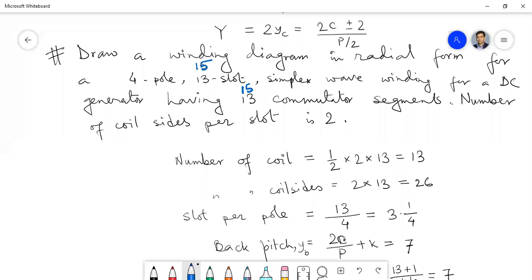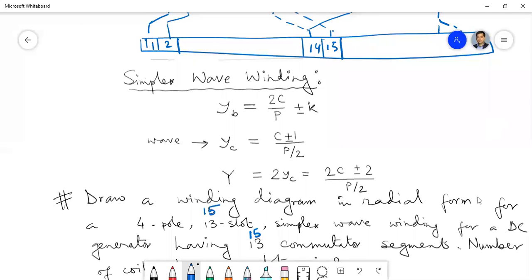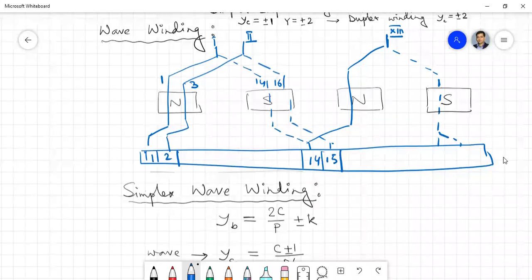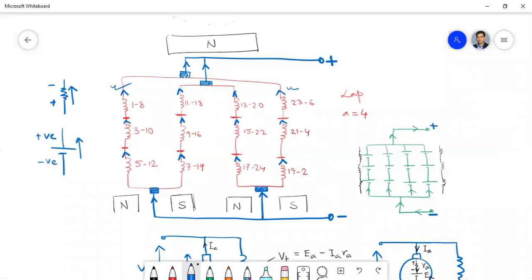So these two things, and the third thing is this type of diagram that I have drawn here. This type of coil diagram, you have to draw with the brush position.